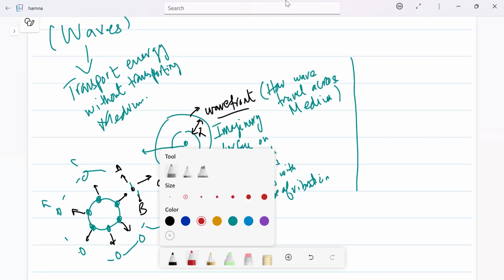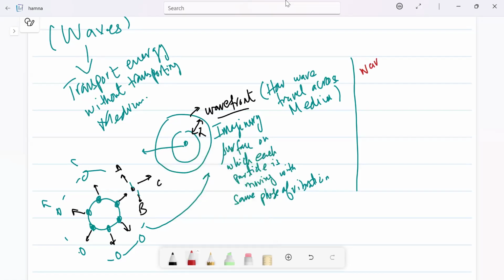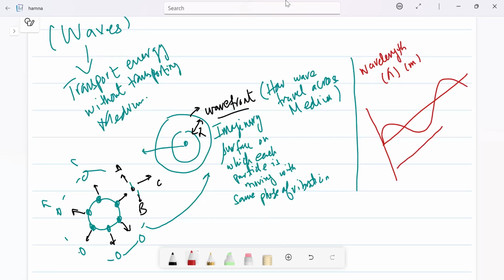Then a few terminologies that are associated with it. First one is wavelength. It is lambda. यूनिट्स उसके मीटर होते हैं. अगर हम एक वेव बनाएं like this, so a wavelength is the distance between a crest and a trough. Crest होता है, बल्कि sorry, this line I should color in a different color.